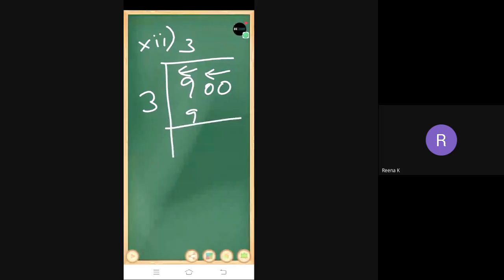Then 0, isn't it? When you take the square root for two zeros, how many zeros? One 0. Next step, 3 2s are what?